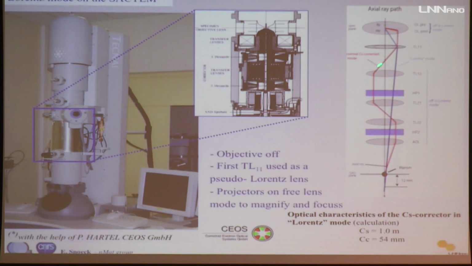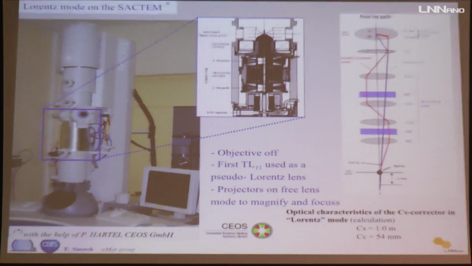And what we did, we used the first transfer lens of this stacking of the corrector as a pseudo-Lorentz lens, okay? And then we get a resolution of about 5 nanometers as well. So this is not a dedicated microscope for holography of magnetic materials, but we managed to modify it and use this CS corrector in a particular condition, working with the first transfer lens as Lorentz lens.